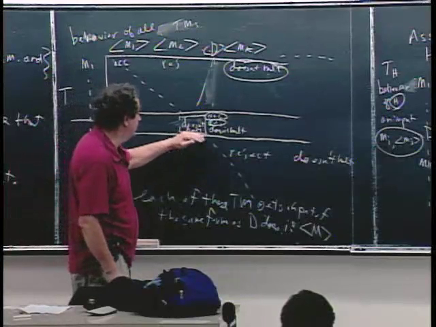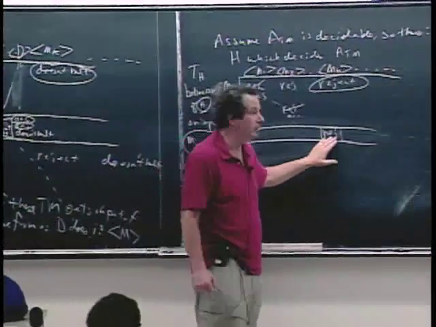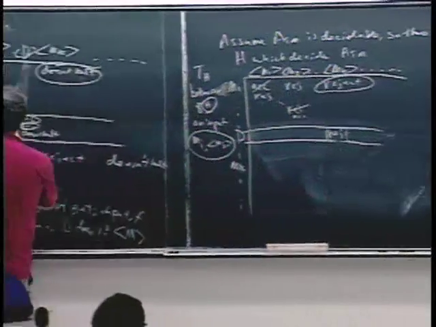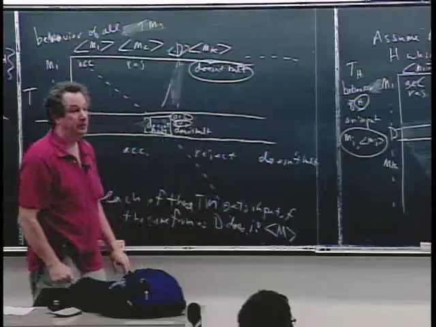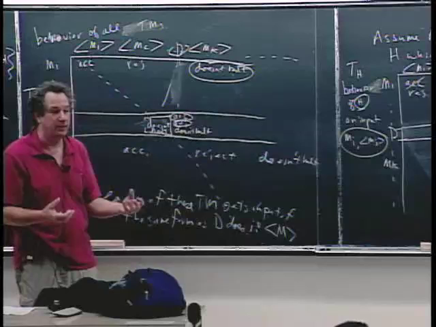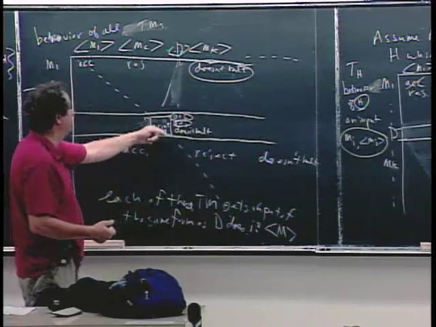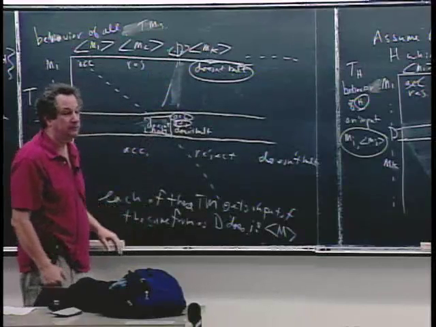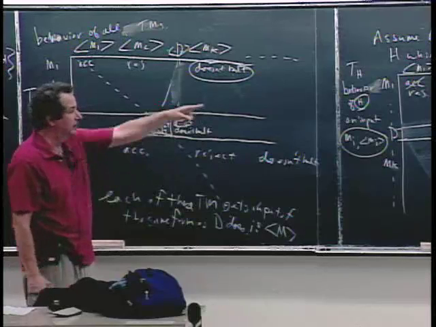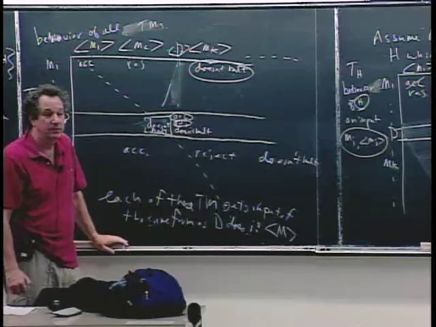If this is a doesn't halt here, it's a reject here. If it's a reject here, it's an accept there. Okay? So each doesn't halt translates to an accept over there. But again, the important point is those aren't the same. Doesn't halt is not the same as accept. Okay? So the behavior of D on that input, D, is different in this row than in what we deduced for the behaviors of D over there.